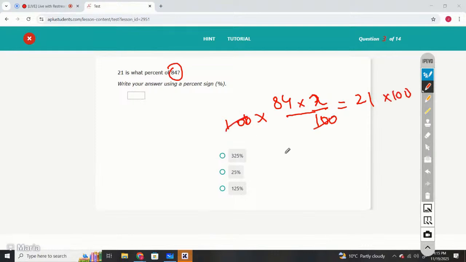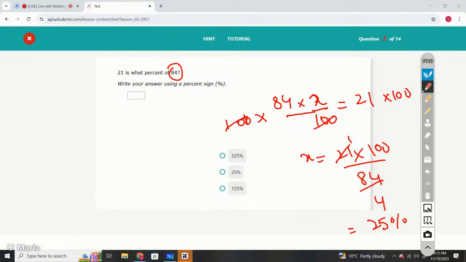So 100 and 100 cancel out. We need to calculate the value of x only. So we need to divide 2100 by 84. That is 25%.